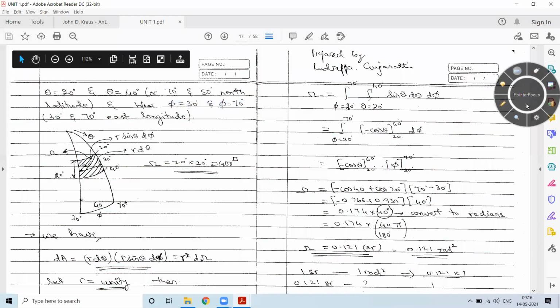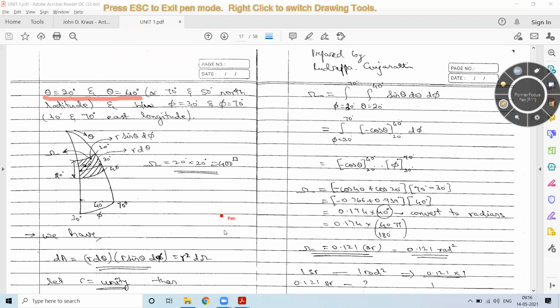So this is one way of specifying the problem. Another way of specifying the same problem: if you just observe theta, theta is the elevation angle. The elevation angle can also be specified in terms of latitude, that is, 70 degrees and 50 degrees north latitude.